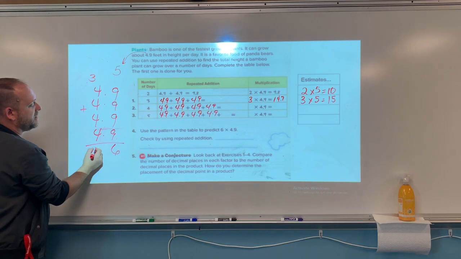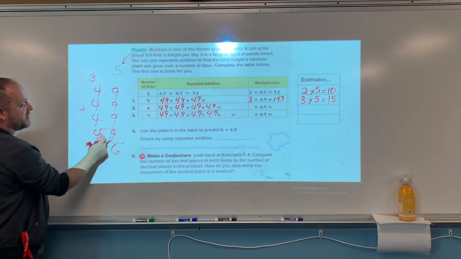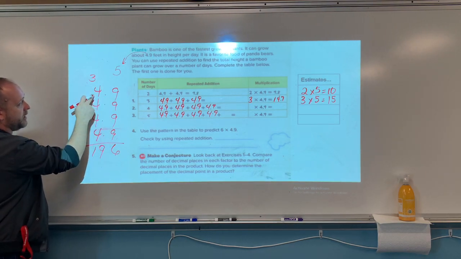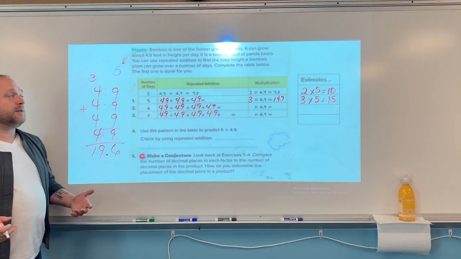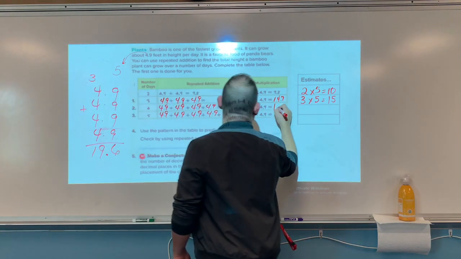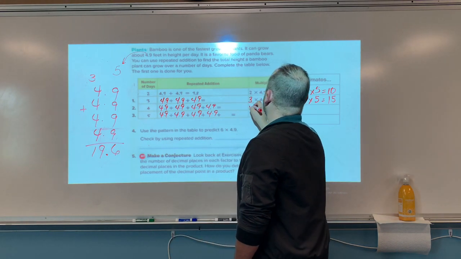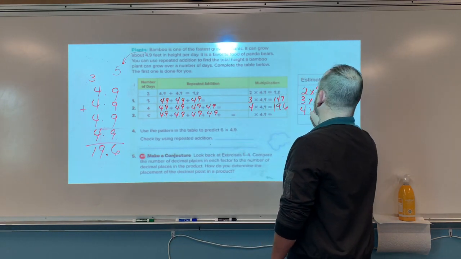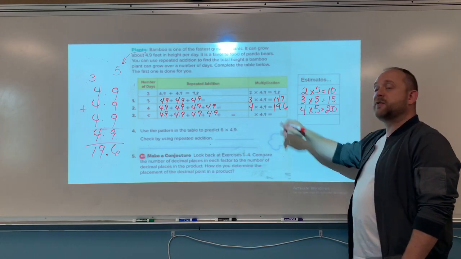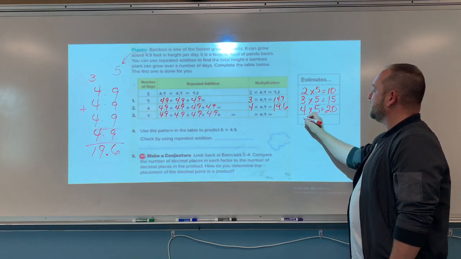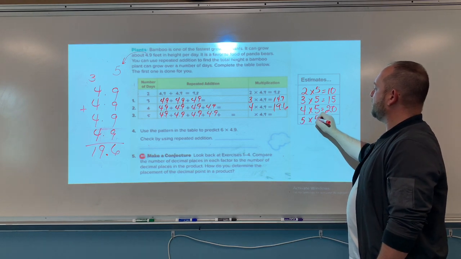Plus another 3 gives me 19. My decimal point goes in between my tenths place and my ones place, straight down. We have 19.6. That was times 4. Again, 4 times 5 for my estimate would be about 20, and that is awfully close to 19.6.